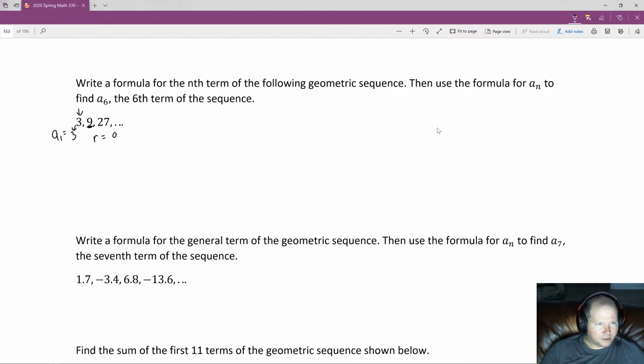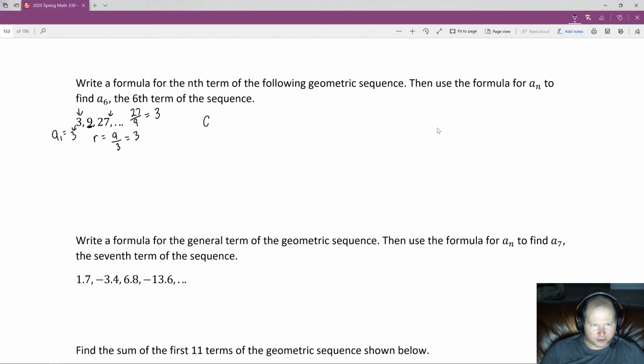So in this case, 9 divided by 3 gives us 3. And we can just keep on referencing that too, because we could have just as easily used 27. 27 divided by the previous one, which is 9, still gives me a 3. So we know the common ratio is 3, given that each additional term in the sequence is 3 times the previous one.